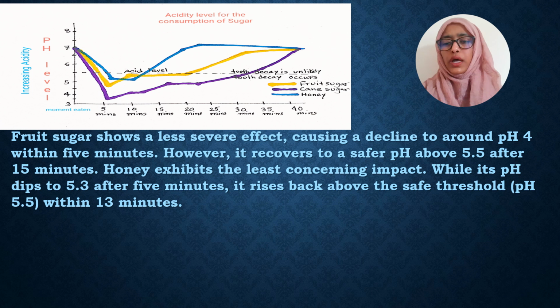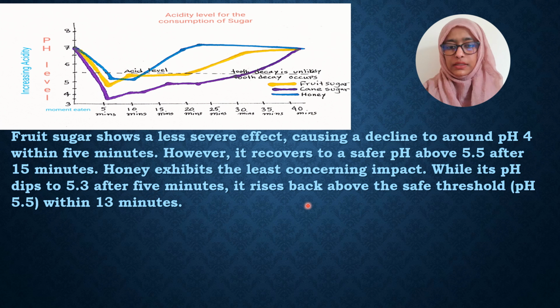So while its pH dips to 5.3, here we can see it dipped to 5.3, not even 5.5, right? I hope you can see that it's not even 5.5, it's 5.3. After 5 minutes, it rises back above the safe threshold within 30 minutes.